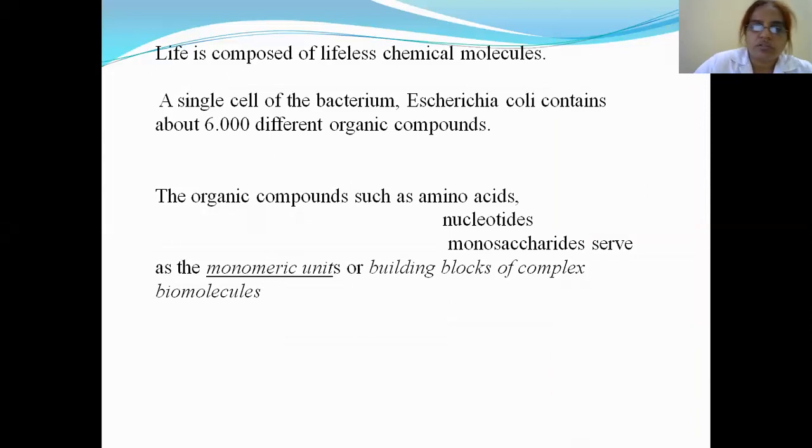Now see, life is composed of lifeless chemical molecules. The single cell of the bacterium Escherichia coli contains about 6,000 different organic compounds. What are these organic compounds?